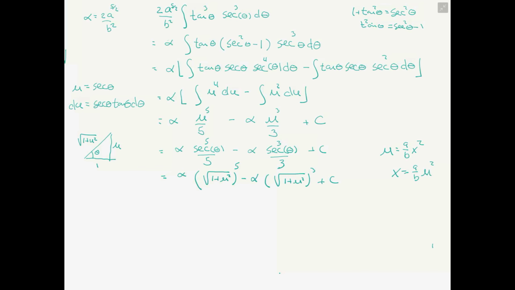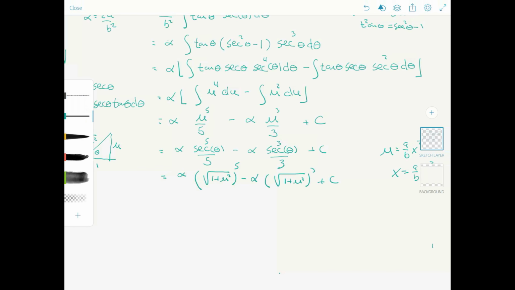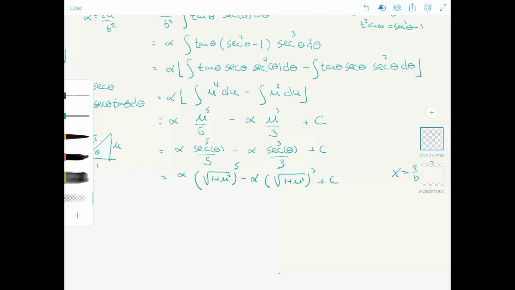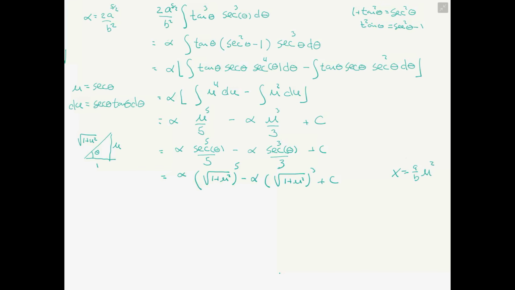X equals a b u squared. All right, so we have to get this out of the way so we're not confused. And now I believe we're in our final form.